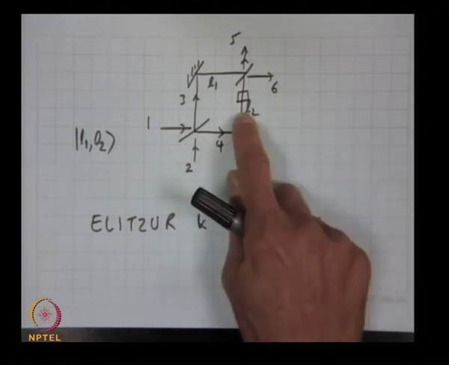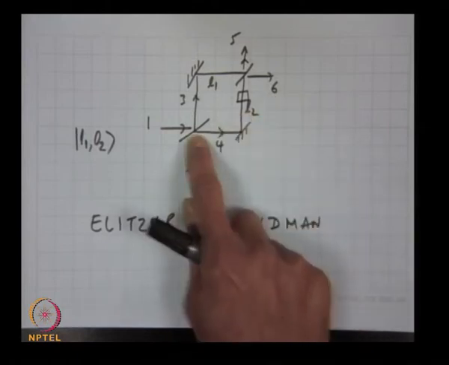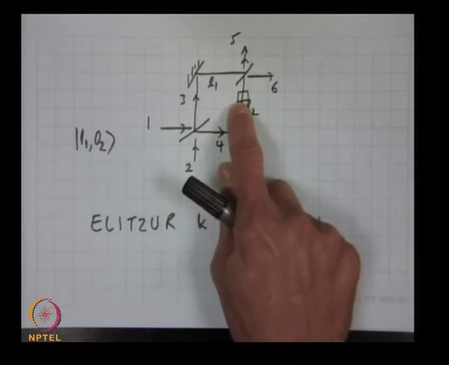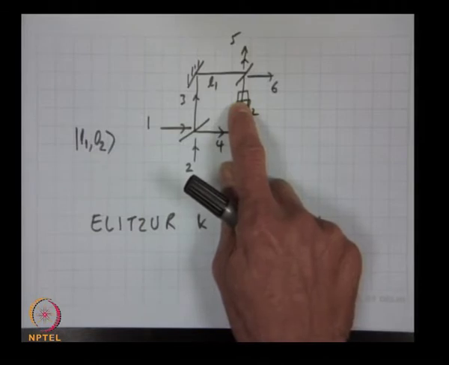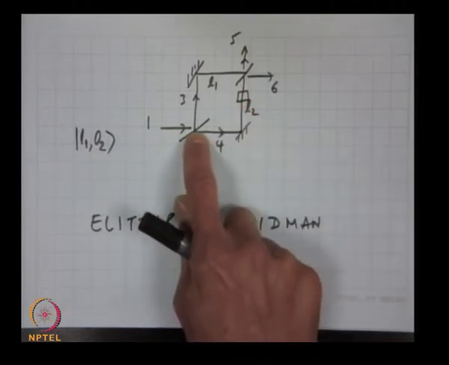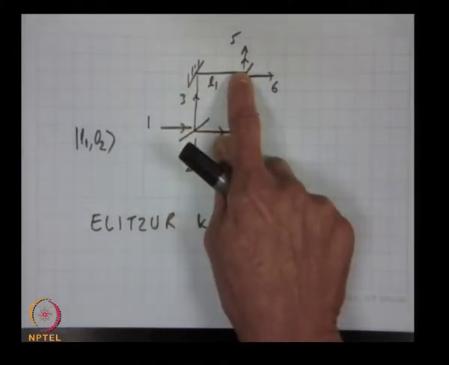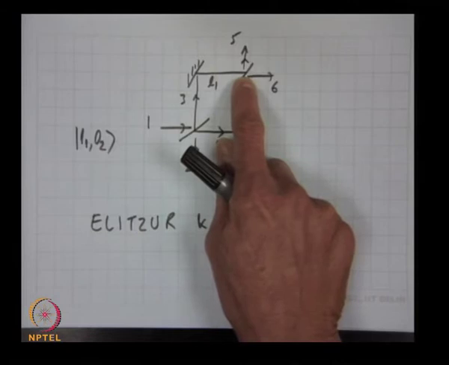If the bomb is not a dud, then this photon has a half chance of being detected by this bomb, in which case everything explodes and you lose the interferometer. Or the photon is in this arm and comes to the second beam splitter. Now the second beam splitter, what can happen?